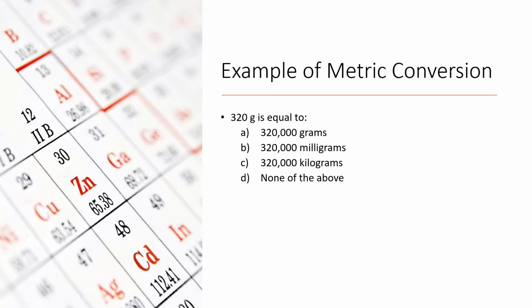The correct answer is B, because 1,000 milligrams is equal to 1 gram. We have 320 grams, so if we multiply 320 grams by 1,000, we get 320,000 milligrams.